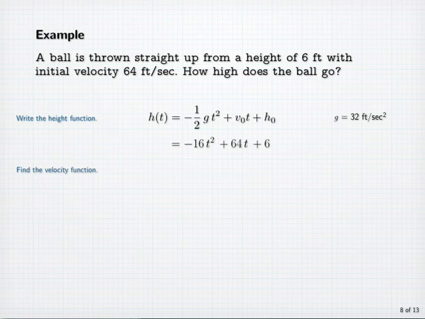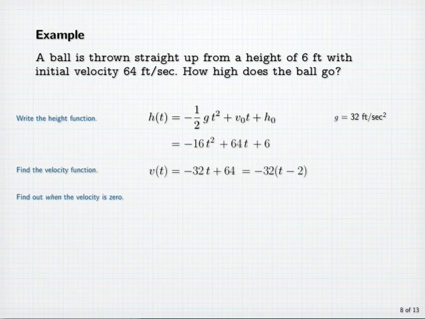Now let's find the velocity function. To do that, we take the derivative of the height function and get minus 32t plus 64. Notice we can factor minus 32 and write this as minus 32 times t minus 2. Now when the ball is at its highest point, the velocity will be 0. So we'd like to know what the height is when the velocity is 0.